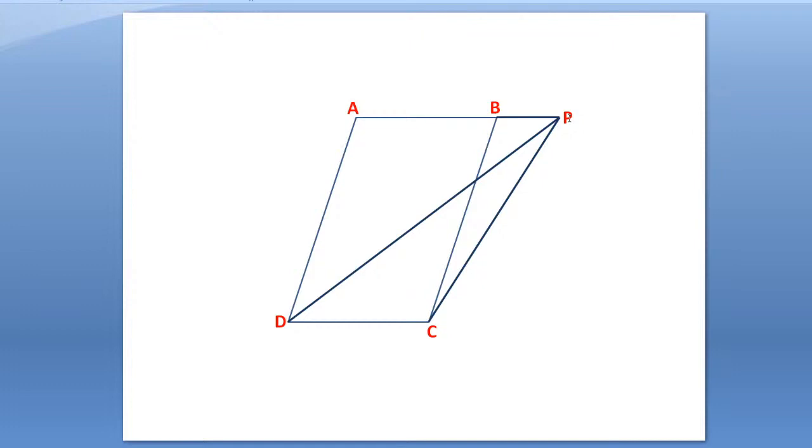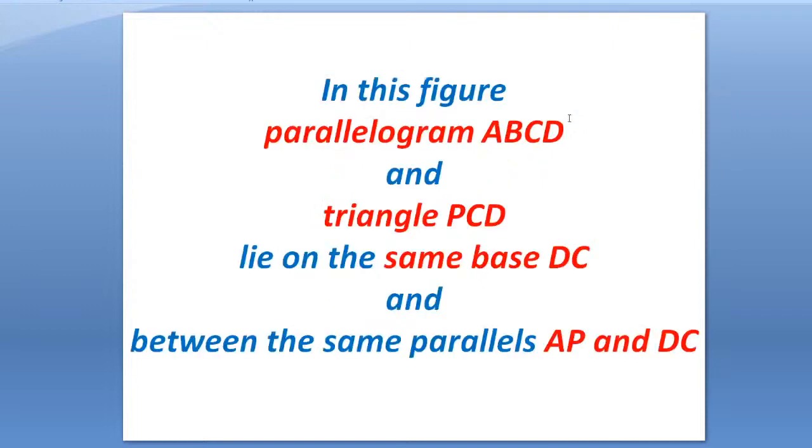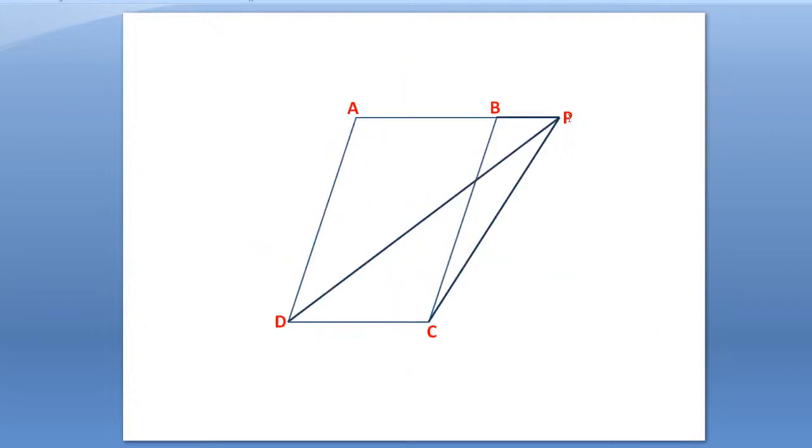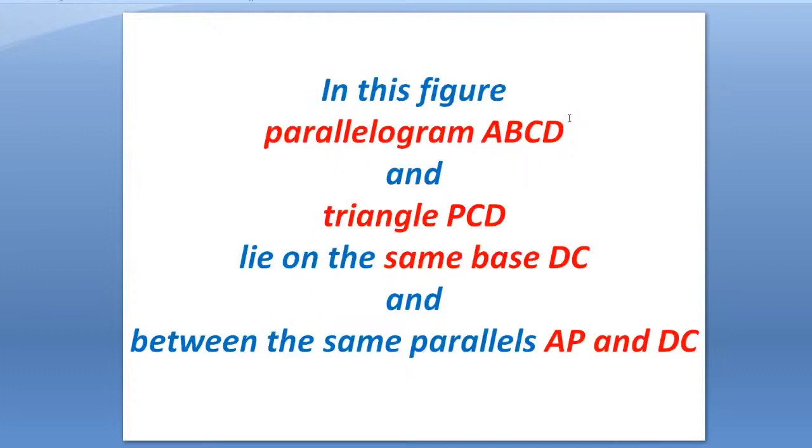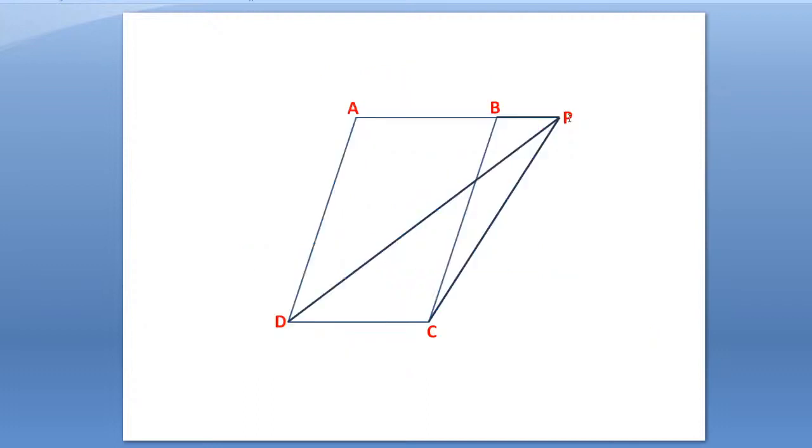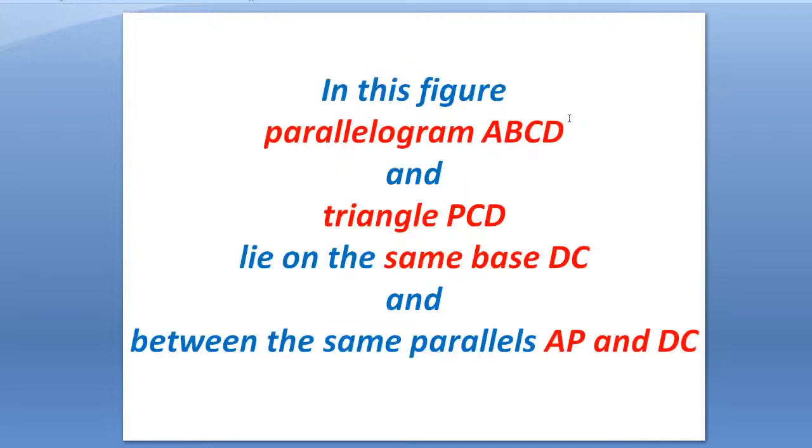So AP and CD are parallel. See here, in this figure, parallelogram ABCD and triangle PCD lie on the same base DC and between the same parallels AP and DC.